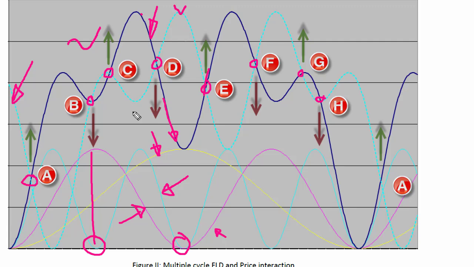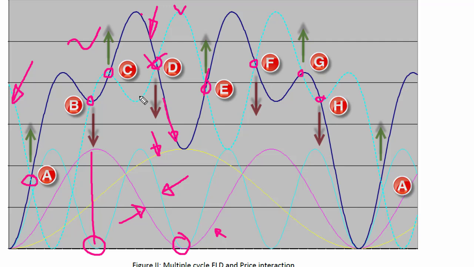The important point about this is that when it comes to the identification of the interactions between price and the FLD, you have to consider how many bars have passed, how much time has elapsed, where are we in the progression of each one of the shorter cycles. And each one of these interactions, you must understand, could consist of price crossing down below the FLD, which is what is expected.